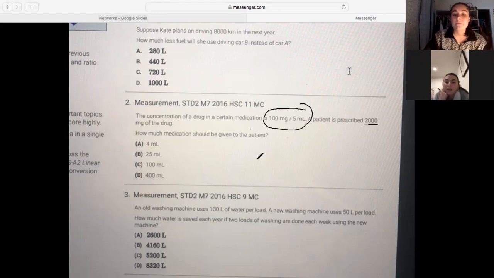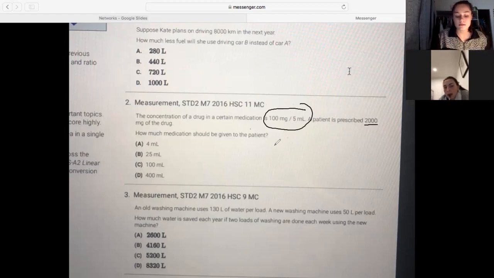Yeah. And so we just have to figure out what the ratio or the rate is. If we need 2,000 milligrams and we need to get it in terms of this concentration, the first thing to do would be divide by 100.